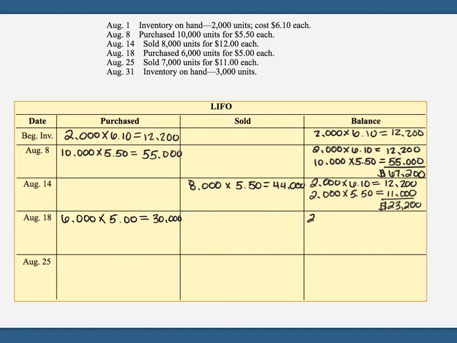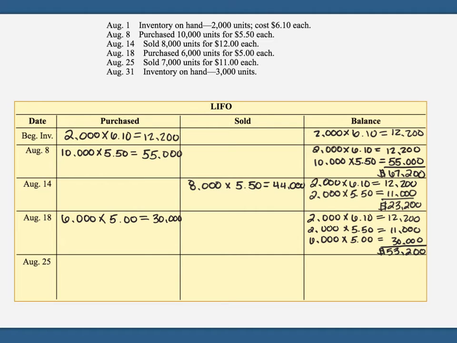So we take our 2,000 units from the beginning, we take the 2,000 units that we had left after our first sale. And now we add on our most recent purchases, 6,000 units times $5, which equals 30,000. So we add all that together to get our total inventory amount. That's 53,200.